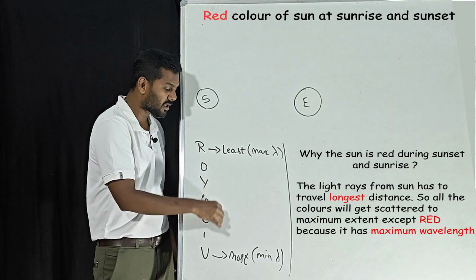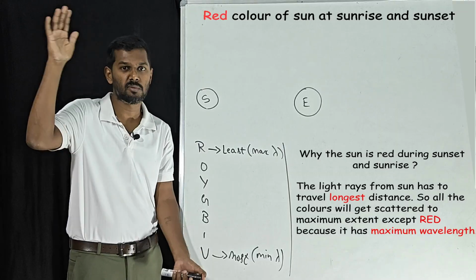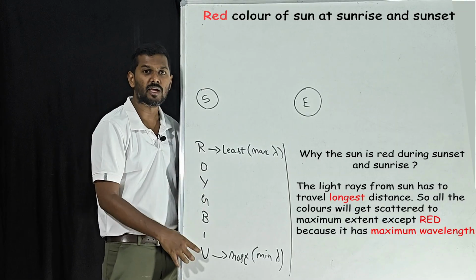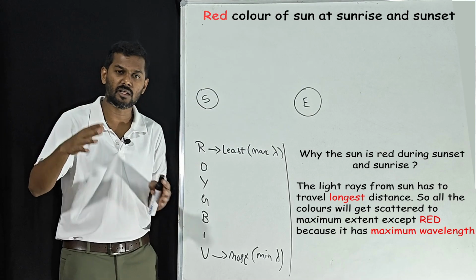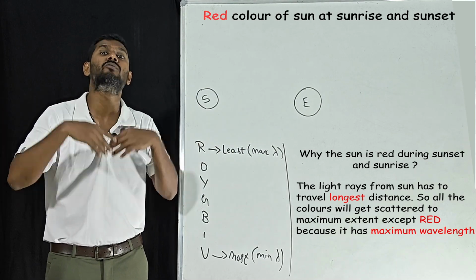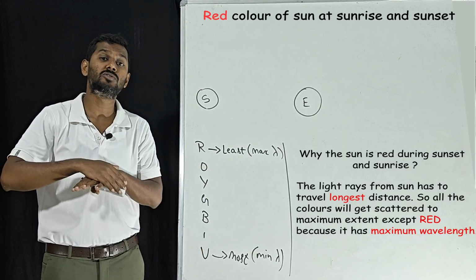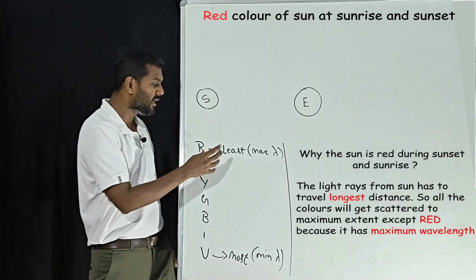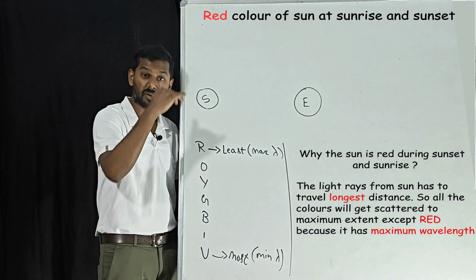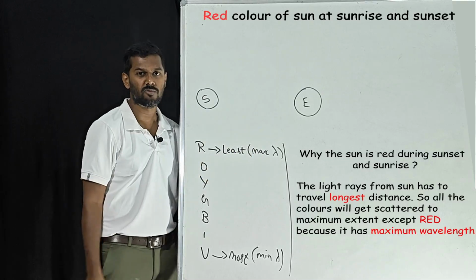Because all the other colors get scattered to a maximum extent, so every other color will be absent. It has spread so much that it is not visible. So the only color which is present is red. Why? Because it has the maximum wavelength.